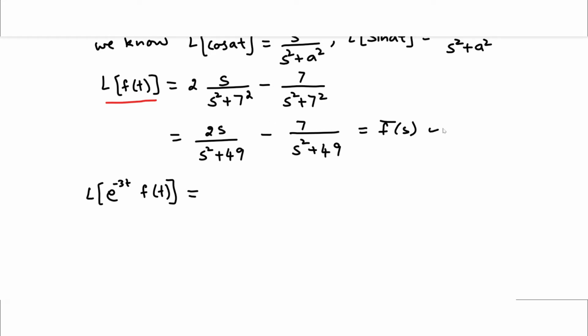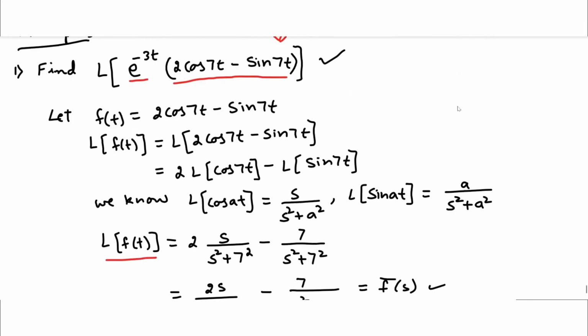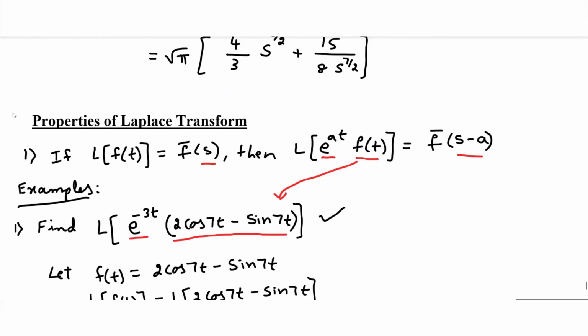We know the property: L of e power of at f of t, the value of f bar of s will become f bar of s minus a. That means s will shift from s to s minus a. So where is this a value? It is the power of e, the coefficient of t.